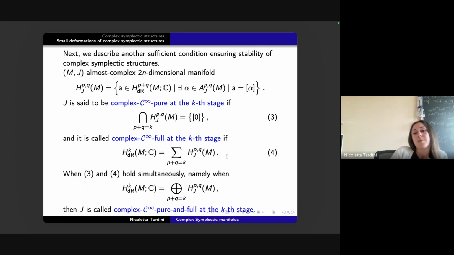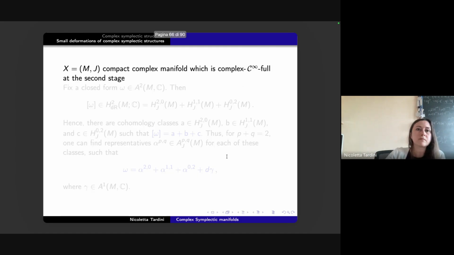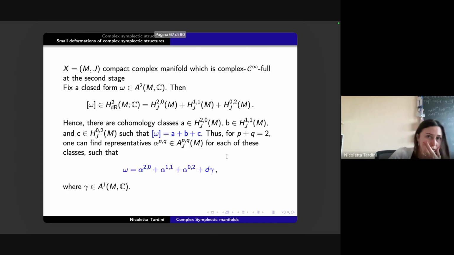But what I need is, in fact, this condition at the second stage, because I'm working with a complex symplectic form, so essentially every condition we put can be put on degree 2, because that's the form we want to preserve along the deformation. So assume that we have C-infinity full at the second stage, and suppose that we have this form omega that gives a representative in the de Rham cohomology.